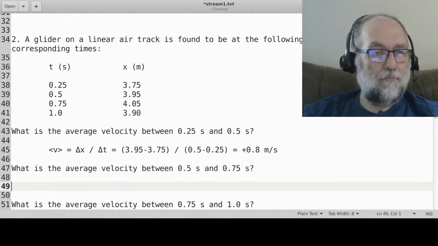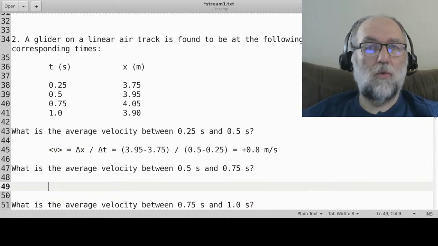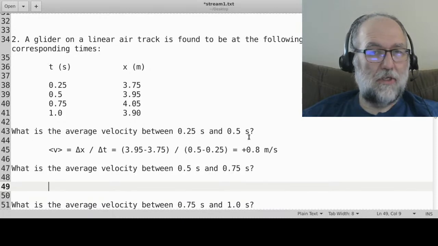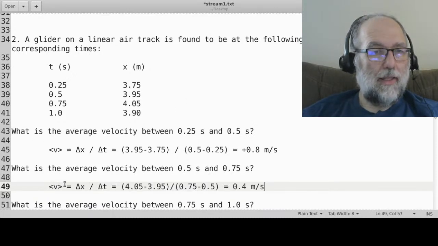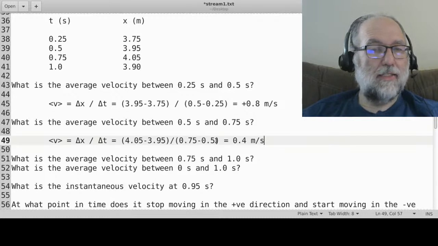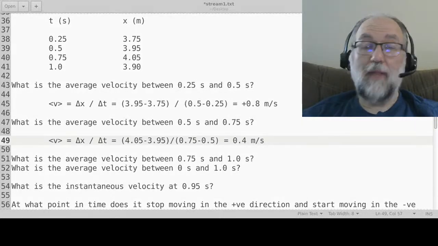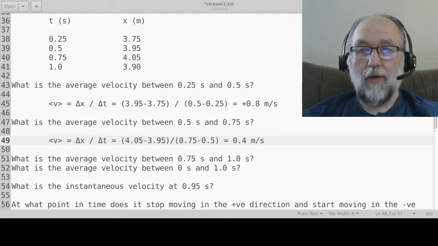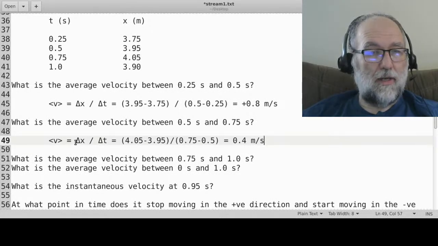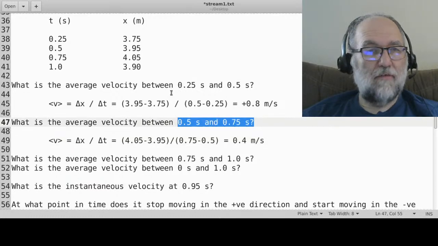Now, the rest of these are easy, so I'll go a little bit quickly. I'll just cut and paste the answers here. Basically, it's the same formula, but now applied to different numbers. So let me show you how I substituted in the numbers. This is delta x, but it's between 0.5 and 0.75.